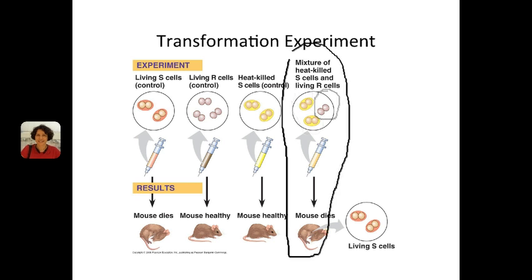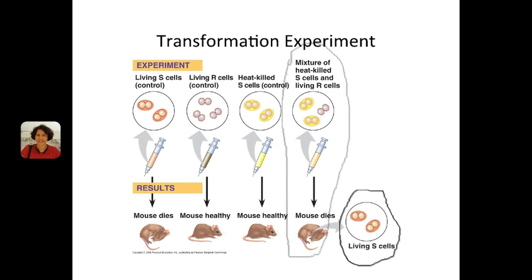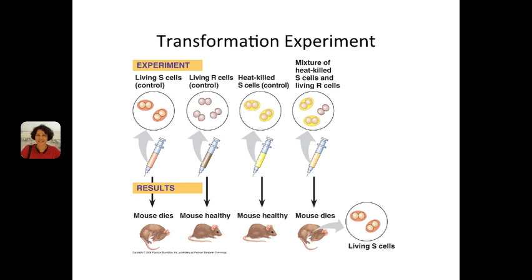And when he looked at the blood of the mouse after the mouse died, he found living S strain cells in the blood. Now that was odd because he never injected living S cells into the mouse. He injected dead S and living R. So that's the transformation part. The transformation is that the living R cells were transformed into living S cells.